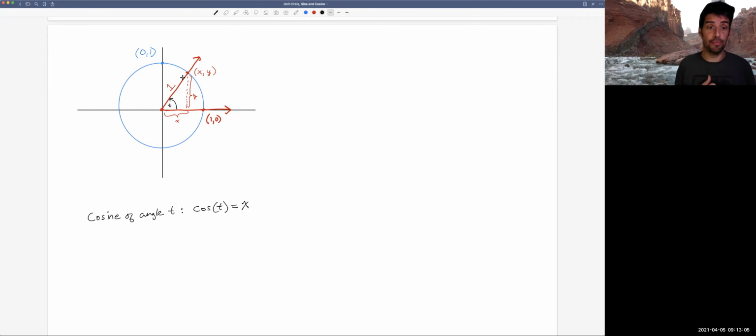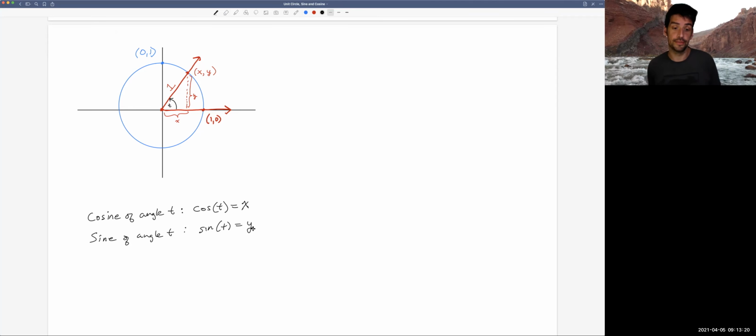In a similar way, we get the sine of angle t, sin t, and that's going to be the y-coordinate. In other words, the coordinate point here is (cos t, sin t).